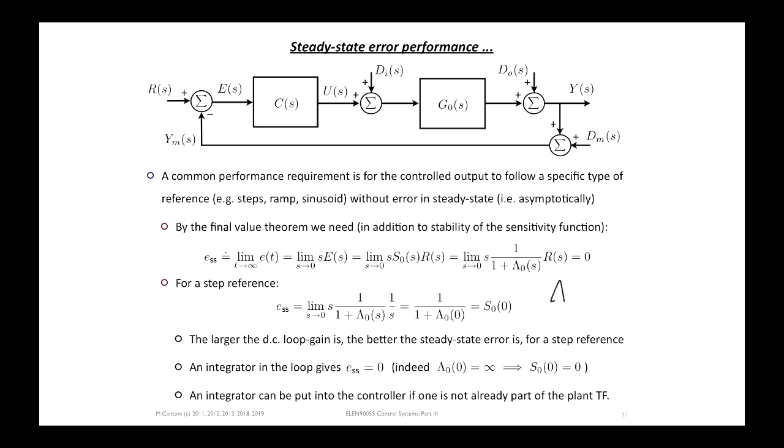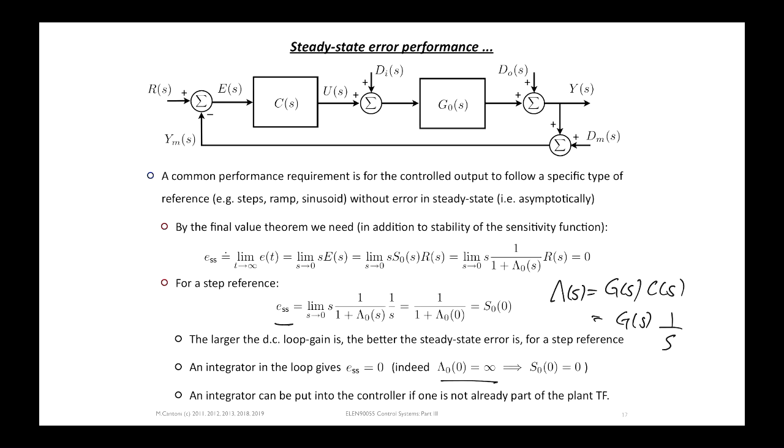We've got lambda s is equal to G s, let me just stop writing the little 0 subscript, which just denotes nominal, times C of s. So if we choose C of s to be 1 on s, then at s equals 0, we'll end up with this, which will make sure that the steady state error is 0.